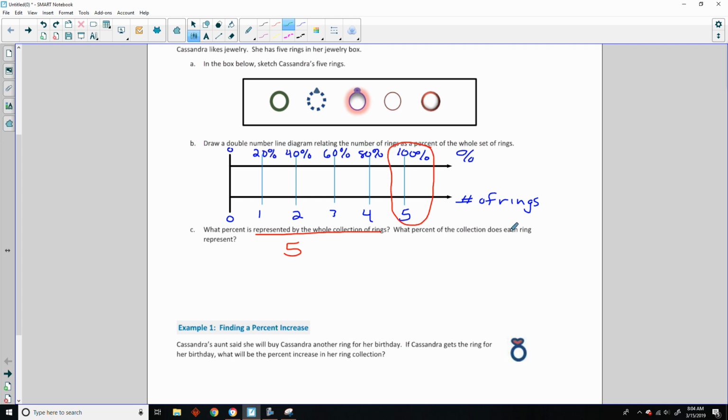What percent of the collection does each ring represent? Well, 1 ring is 20%. So 100% of the rings is the whole collection, and 1 ring is 20% of the collection.